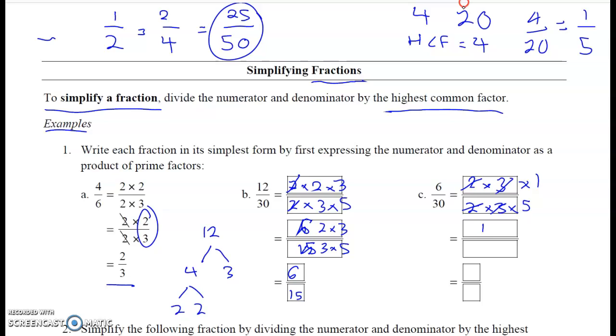So the top is 1, and on the bottom is 5, and so that's 1/5. Okay, so that shows how we're allowed to change the fraction by cancelling off prime factors. Well, let's look at a simple process now of simplifying fractions using the highest common factor.